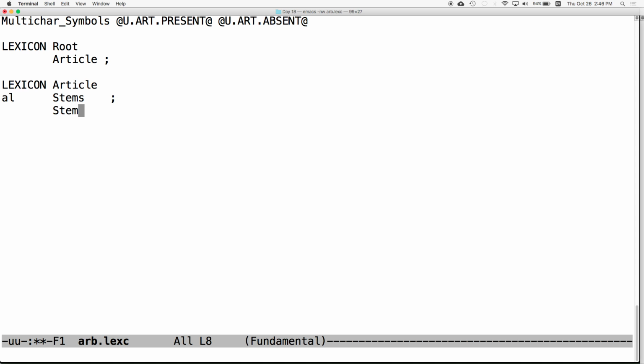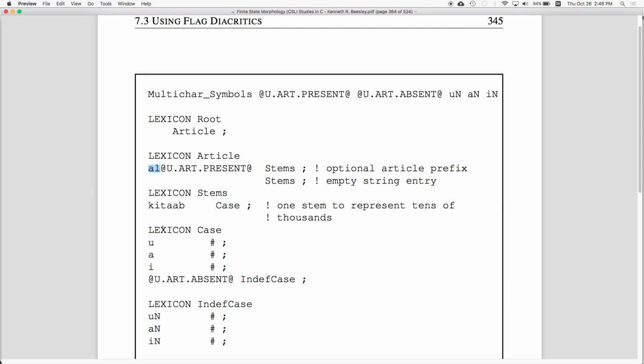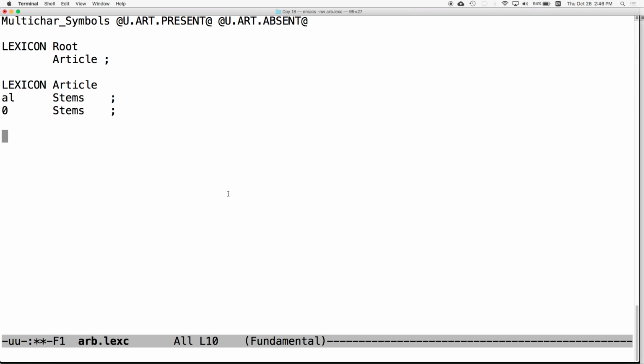I don't know. Why do I keep writing stems? Okay. All right, so stems. So we can either leave it blank or put a 0. Okay. The book leaves it blank. I'm putting a 0 in. Okay, and then stems.